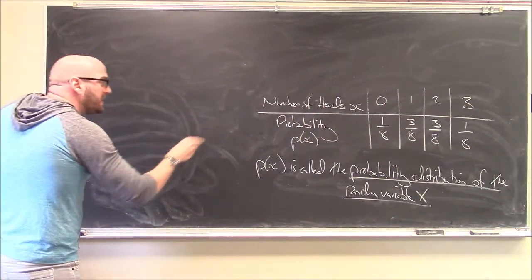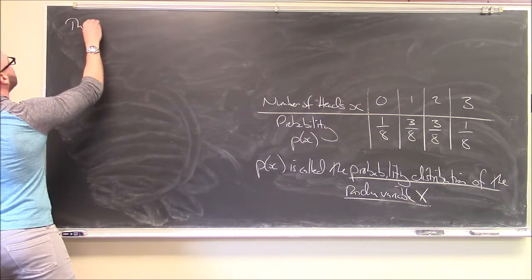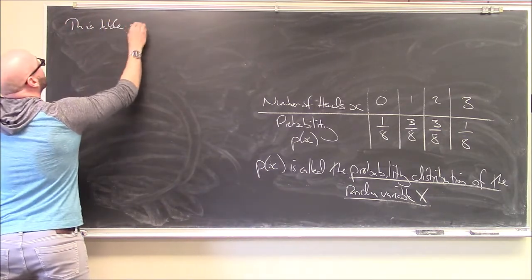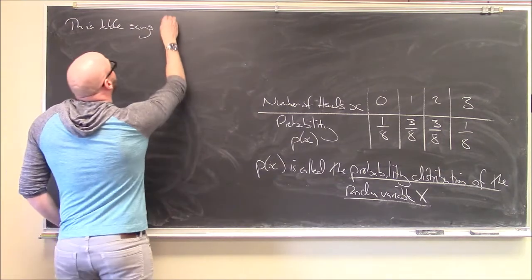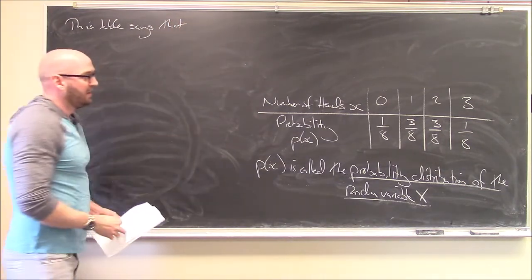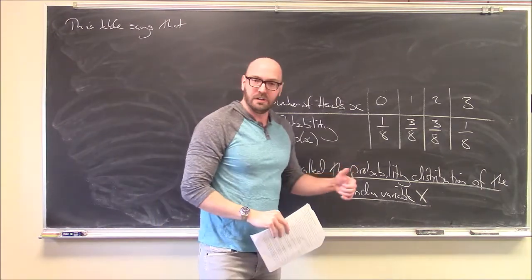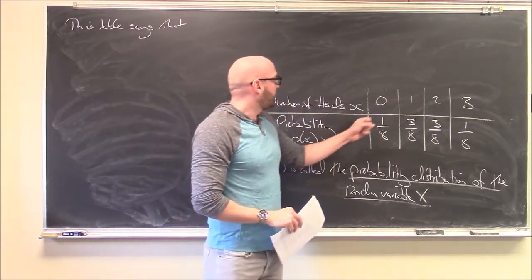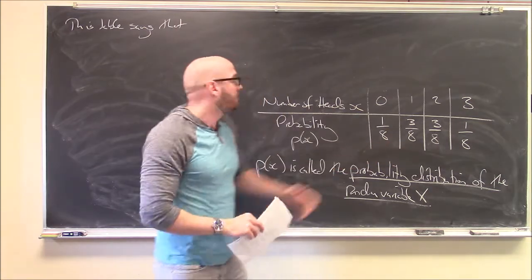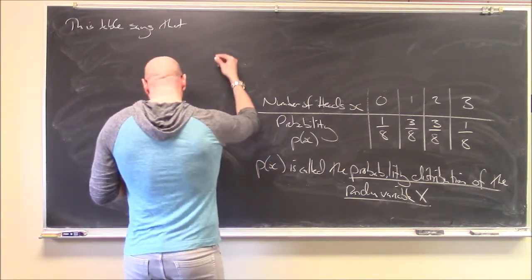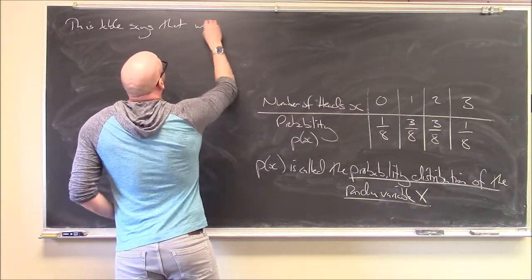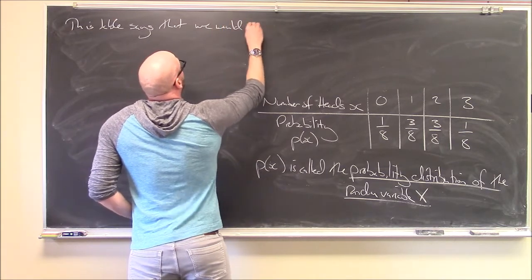All right, so let's look at what this actually says. This table says that on a given toss of all three coins, you would expect to toss 0 heads 1/8 of the time, right?